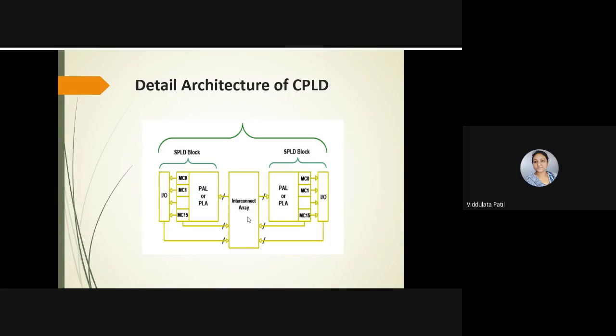Then there is the interconnect array. The macro cell outputs can be connected to the interconnect array, or whatever input is present at the interconnect array could be connected to this PAL structure, or a PLA structure. So here this will form one SPLD block, that is the IO unit, and this part will form one SPLD block, and this is another SPLD block, and these two blocks are connected with each other through the interconnect array.